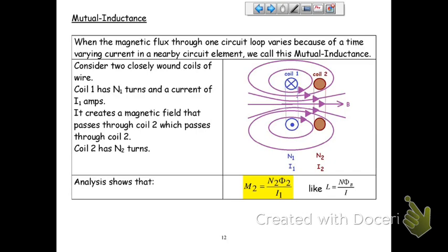And then the second thing is I can start playing games with the number of turns. I can have a primary which has only a few turns and a secondary which has a lot of turns, or a primary which has a lot of turns and a secondary which has a few turns.